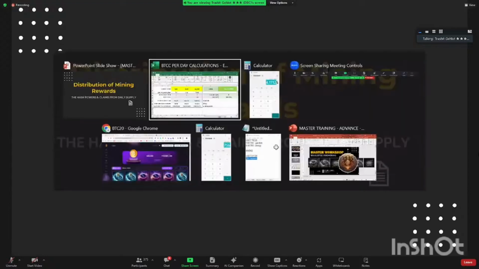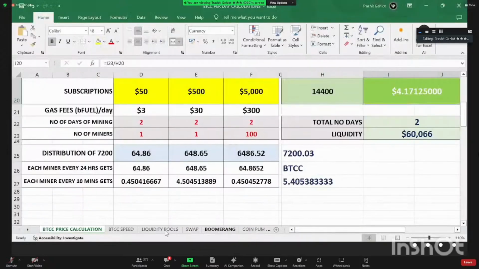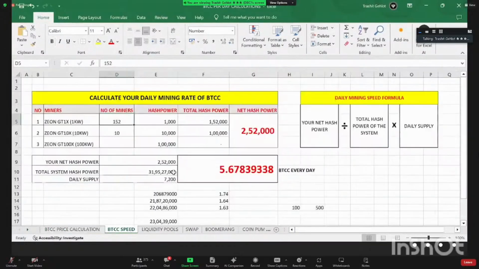One more calculation that I had shown yesterday, I would like to repeat over here. It is the rate at which you claim BTCC, how much BTCC you are claiming every day. So the formula is, again, your net hash power divided by the system's hash power multiplied by daily supply.